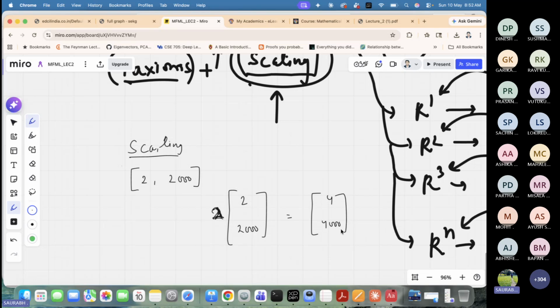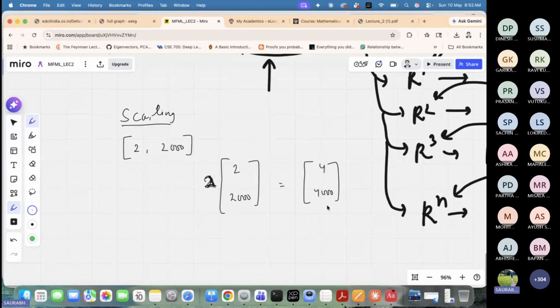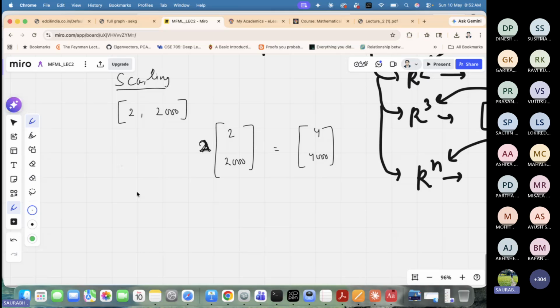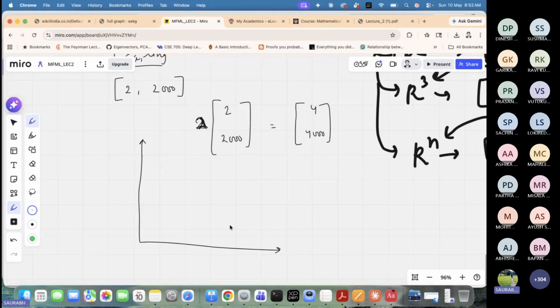Right. Now, from a visual intuition point of view, think of these as the two dimensions you are working with. The first dimension is the price of the house. It could be 1 crore, 2 crores, 3 crores, 5 crores, 6, and so on. The other could be 500 square feet, 1000 square feet, 1500 square feet, 2000 square feet, and so on.